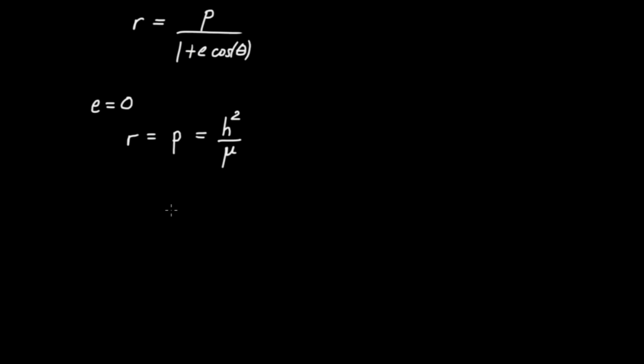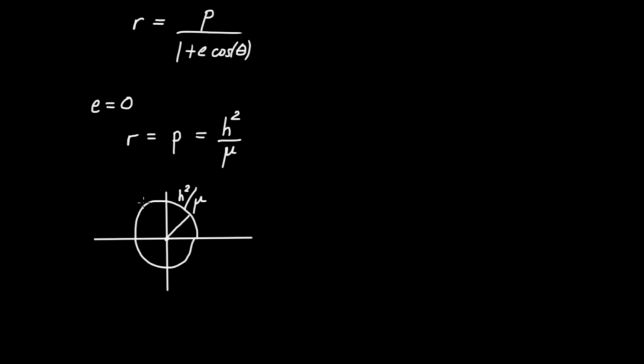What does the plot of that look like? Well, the equation is saying for all values of theta, the radius should be p or h squared over mu, which is, of course, a circle. So all values of the radius independent of theta are equal to h squared over mu. So this is the idealized case where you have a circular orbit.